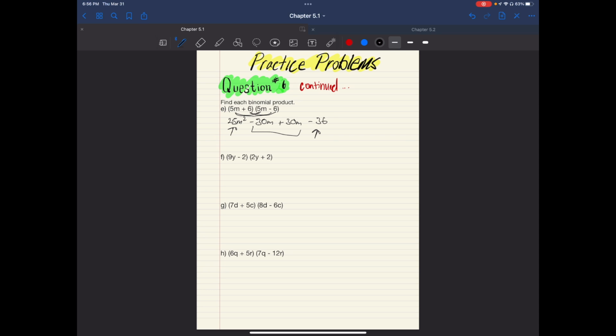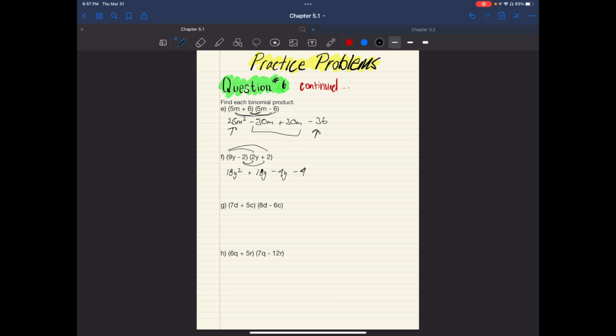Moving on. So this is 18y squared plus 18y minus 4y minus 4. Sorry, I'm just going through it in my head and make sure I did that correctly. 18y squared.